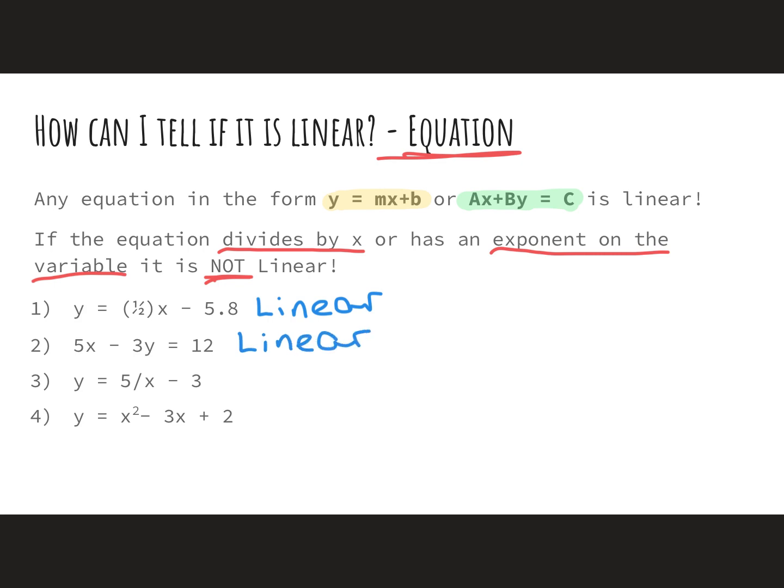What about this next one? y equals 5 divided by x minus 3. When we divide by x, if you ever saw this on a graph, you would see something that looks really, really wonky. It goes something like this. So that is definitely not linear. So this one is not linear.